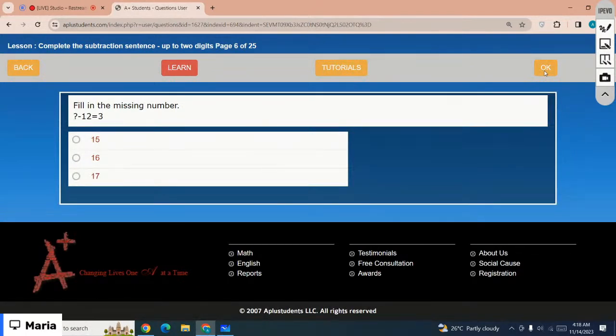The next one is fill in the missing number. Which number is missing? Missing number minus 12 equals 3. Which is the correct option?